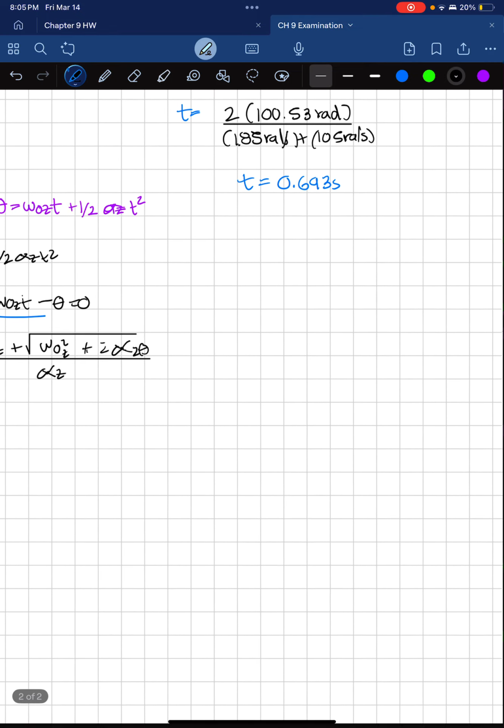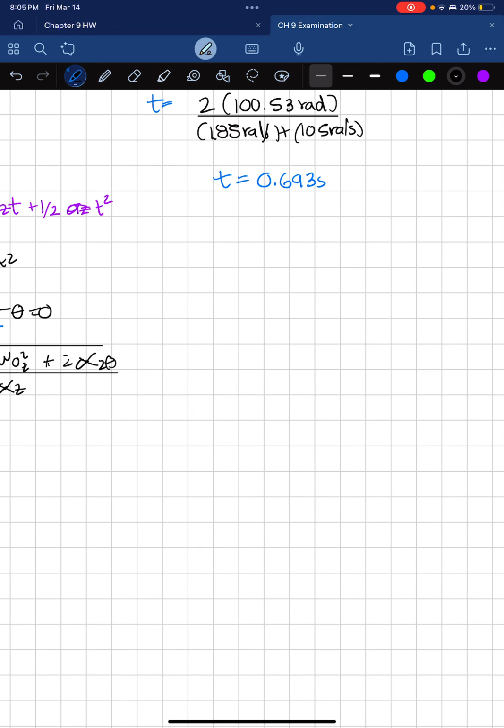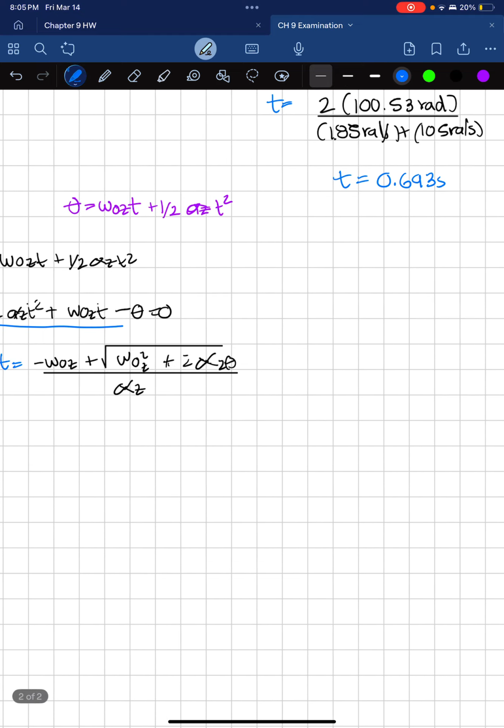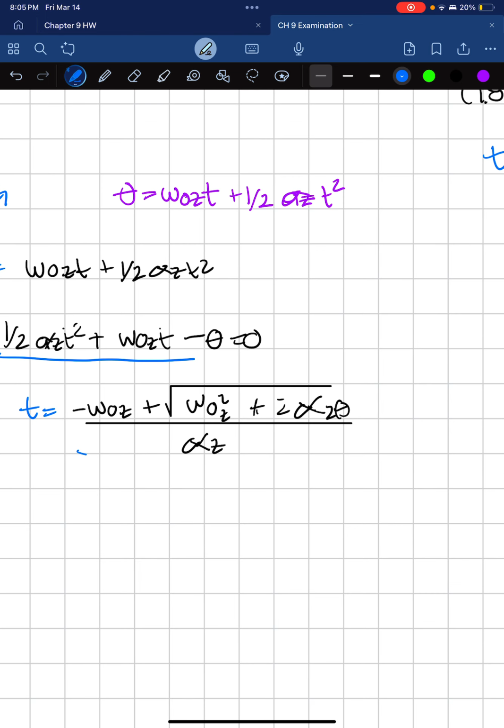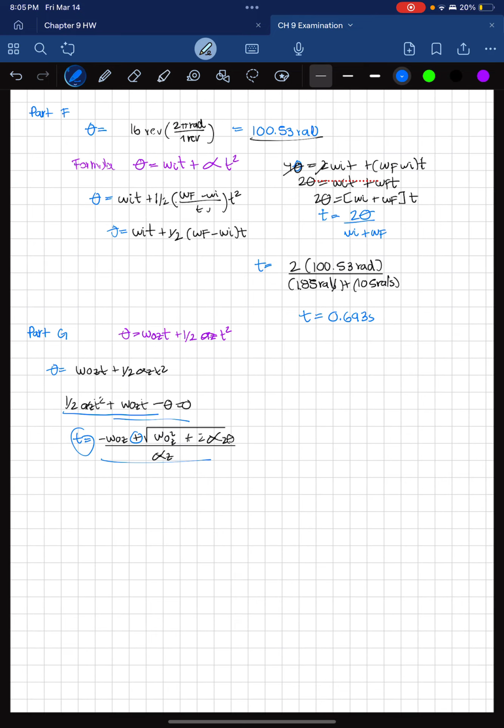For this, there's not much more that we can do. We just have to plug it in and we cannot go forward after this. So this is going to be our answer, and it's going to be positive because t must be positive. The time must be positive. And that's all.